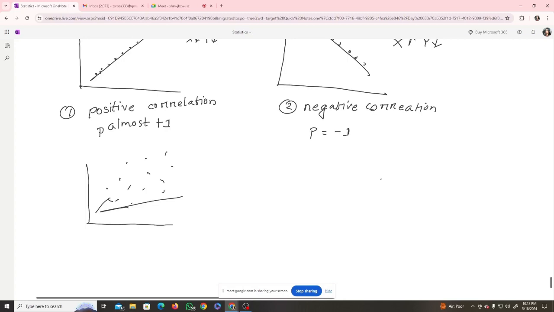We cannot visualize any relationship in this case. So you can say P is 0, and this type of plot can be called a zero relationship.